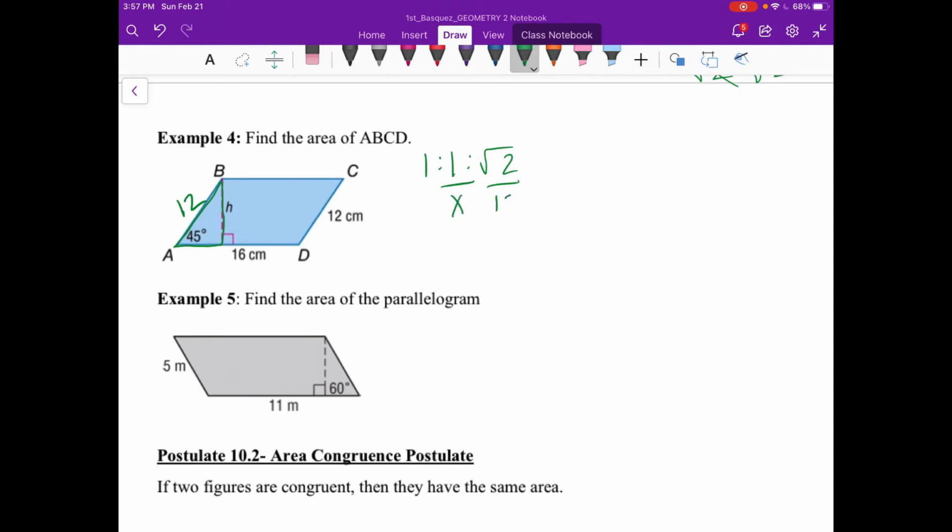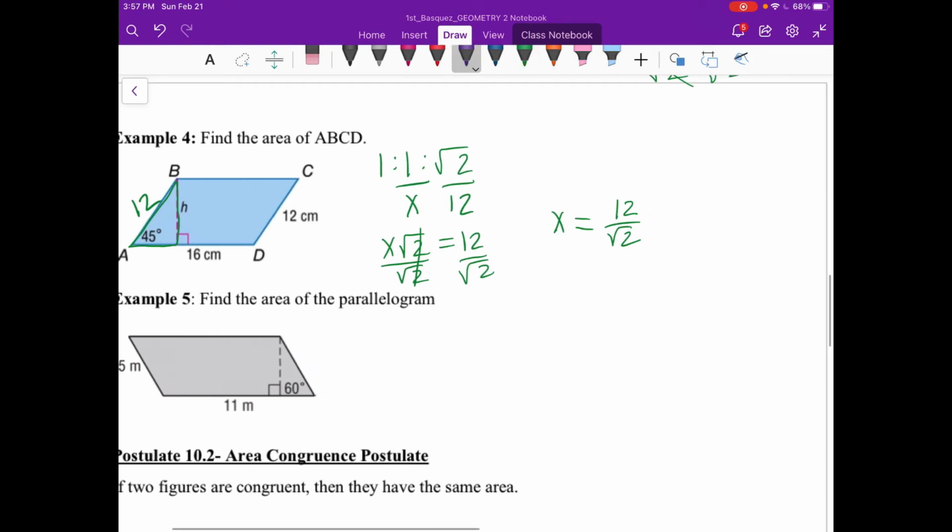Across the 90-degree angle is 12, and then I'll cross multiply. So I get x square root of 2 equals 12, and then I divide both sides by the square root of 2. So I get x equals, let's see here. I did not simplify that one, so we're just going to leave it as 12 over square root of 2.